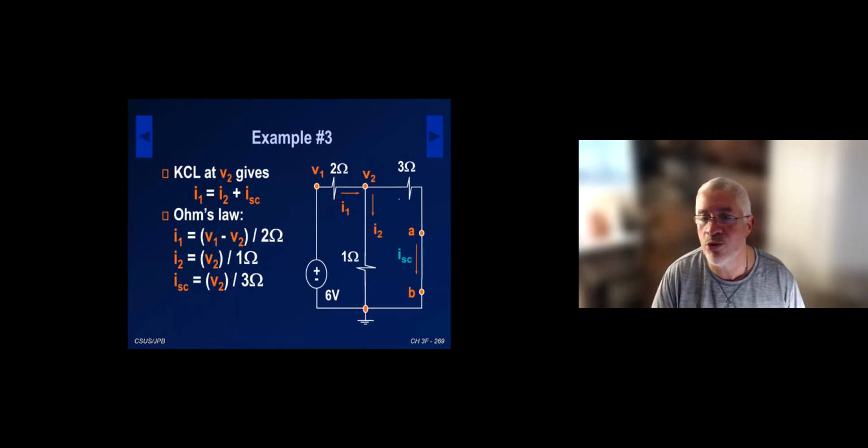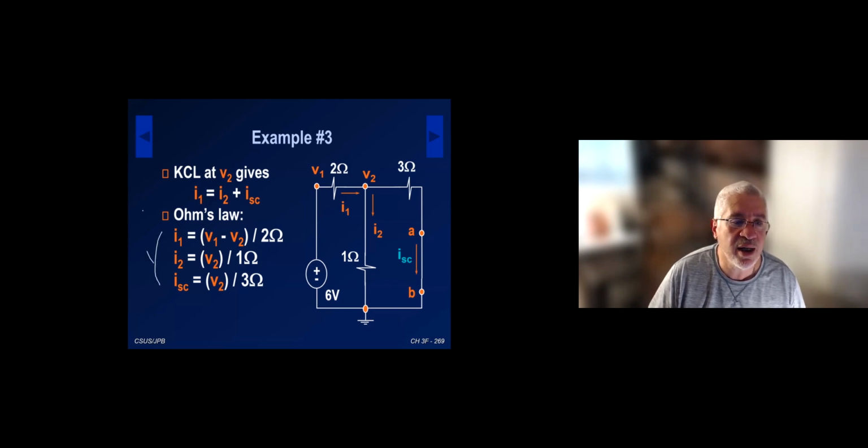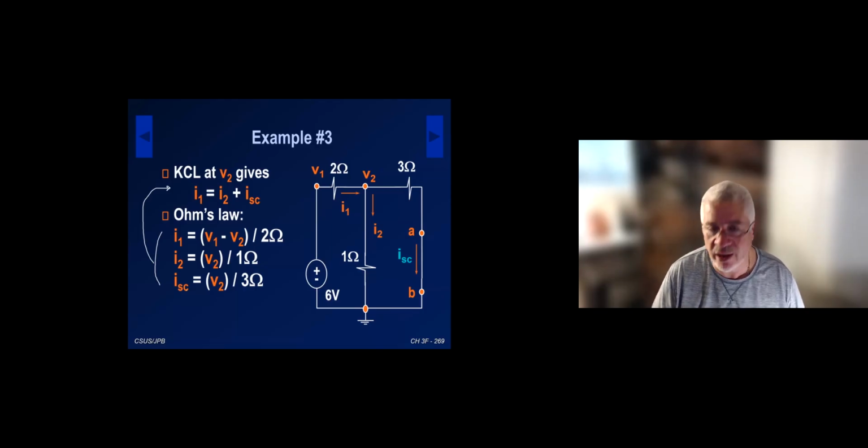And then we go into Ohm's law, passive sign convention. I1 is V1 minus V2 divided by 2. I2 is V2 divided by 1. And ISC is V2 divided by 3. So we take these and put them in our KCL equation and collect terms.